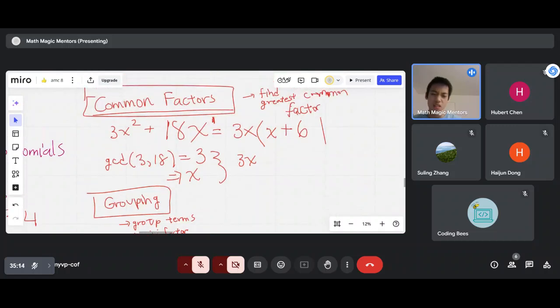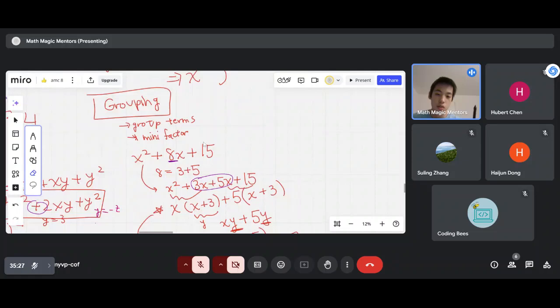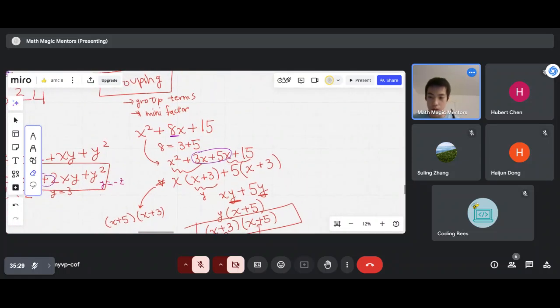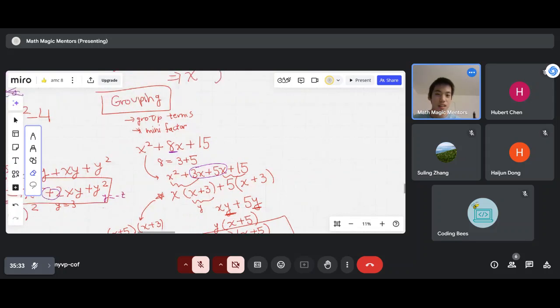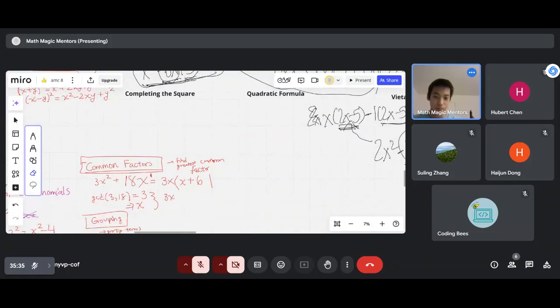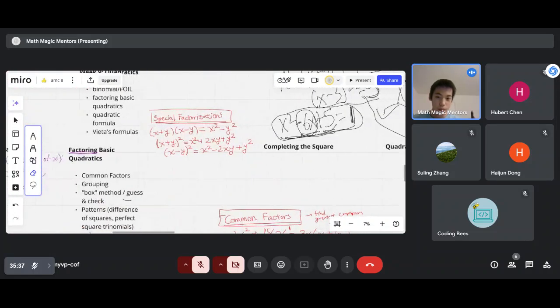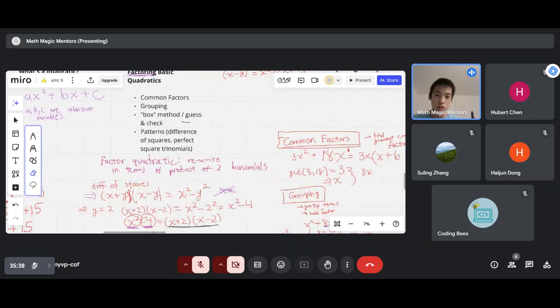But if you have a constant term in this expression, it's not necessarily going to work out. So if you have 6, 3x doesn't really divide 6. In those cases, you will want to try grouping, or try another one of the methods that we're going to cover. So that's grouping and common factors.